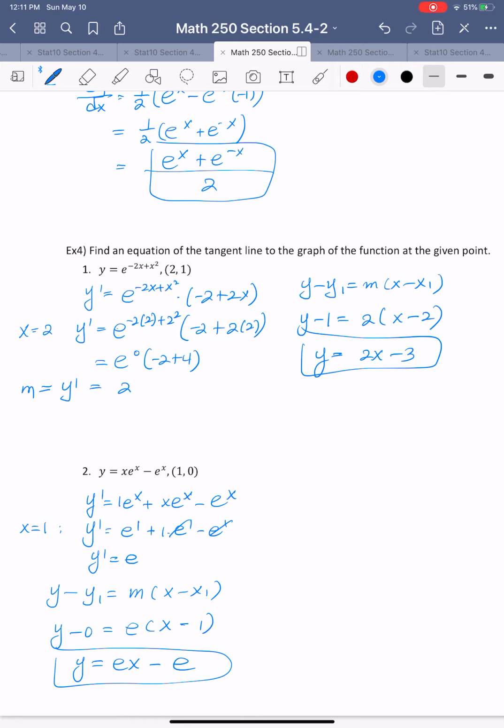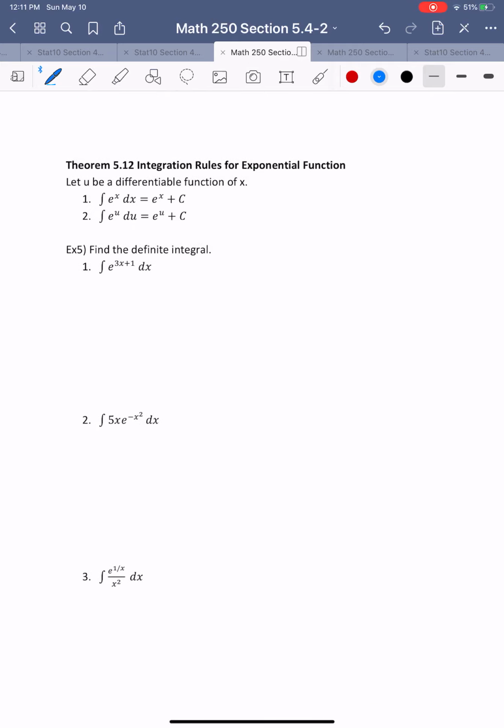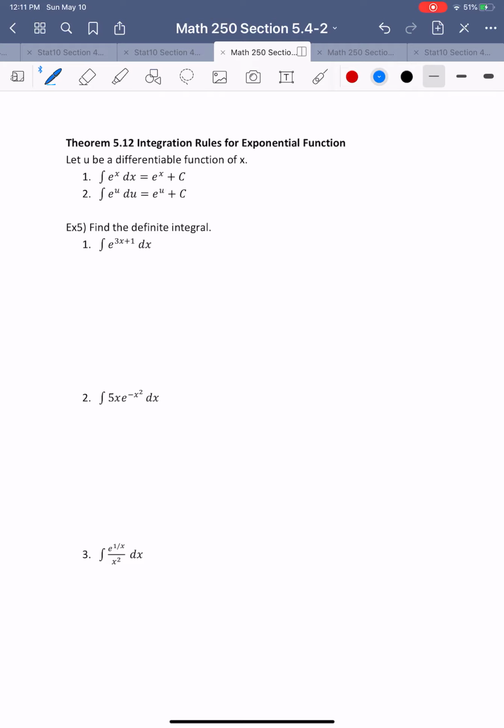Okay, so that will be the answer. Alrighty. Okay, next page. Now integrations. So the integration rule for exponential functions: the integral of e to the x dx is e to the x plus c, and the integral of e to the u du equals e to the u plus c.